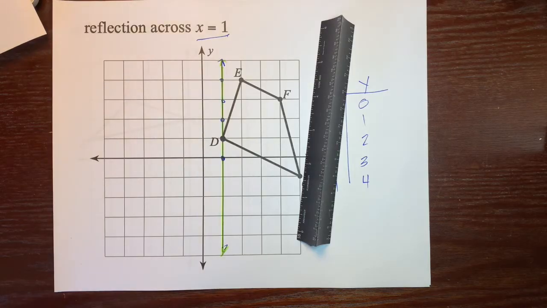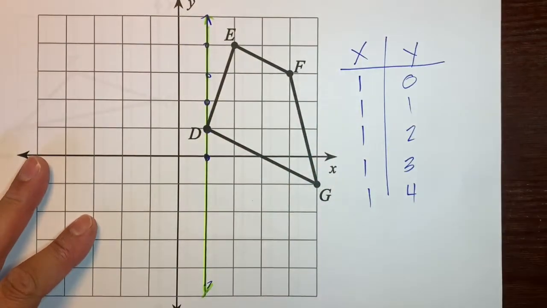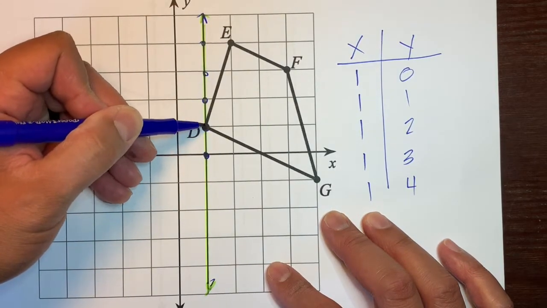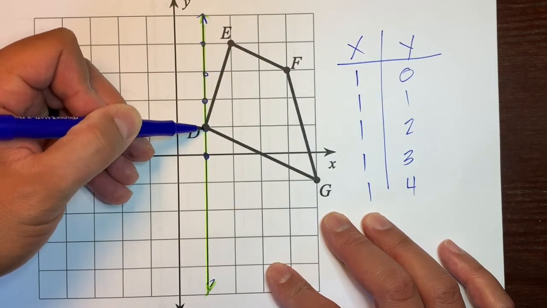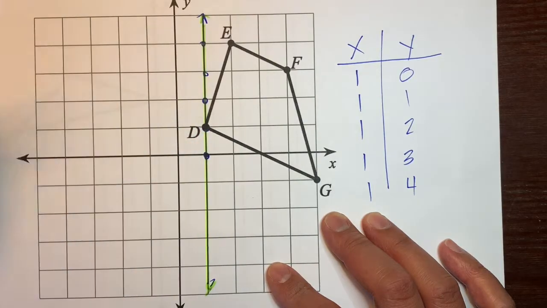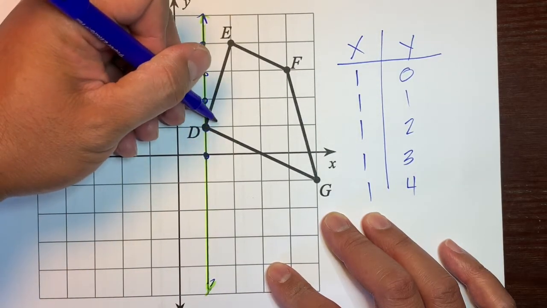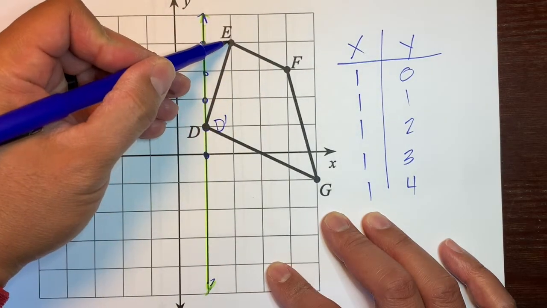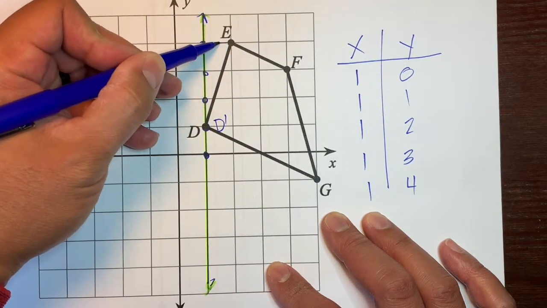Now let's reflect all of these points. So if you notice, D is already on this line of symmetry, so it doesn't go anywhere. So we could also call this point D and D prime. Okay, E is how far away from this line of symmetry? It's 1 unit.